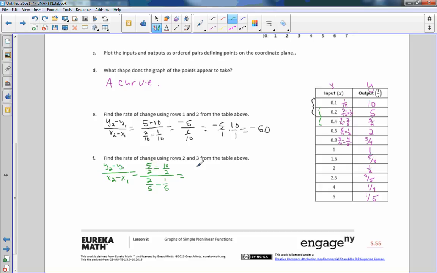So that is going to be 5/2 minus 10/2 is -5/2 over 2/5 minus 1/5, which is 1/5. Let me erase that because it'll take away more than I want. So let's just do this, 1/5. So remember the rule, it's -5 over 2. When you divide by a fraction, you multiply by its reciprocal. And that's -25 over 2, which is -12.5. So obviously these are not equal, so it's not a line. -50 does not equal -12.5.